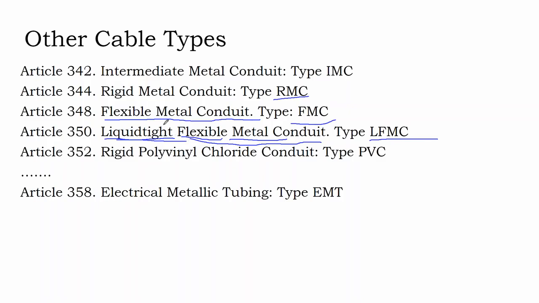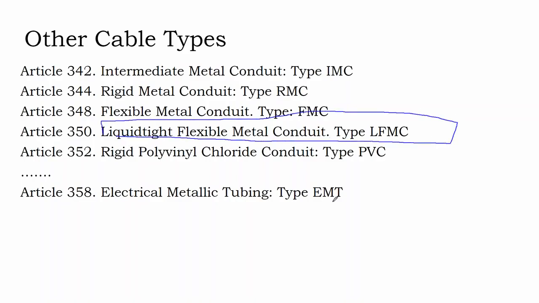In battery rooms with lead acid batteries, you have to paint or insulate the cable to prevent corrosive deterioration, and this plastic on the outside of it is worthwhile. Now, where this liquid tight flexible metal conduit gets confusing is that there's also a flex conduit that doesn't have any metal in it, and that's just called flex conduit.